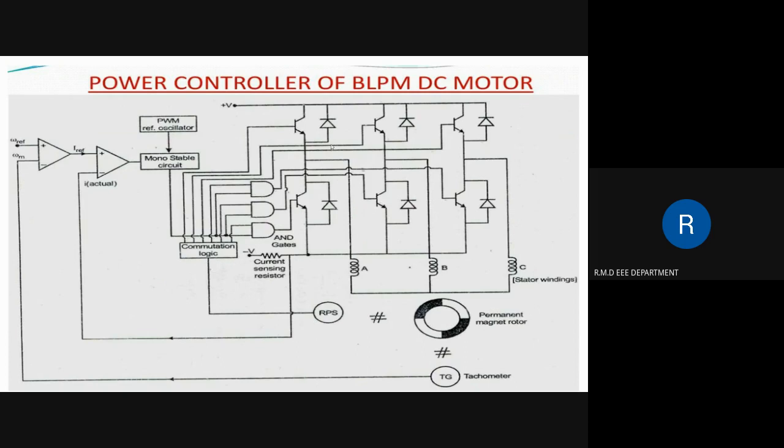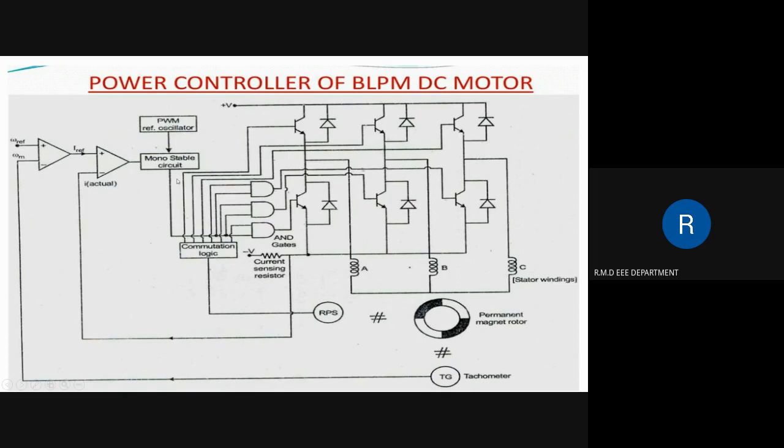The use of AND gates is a simple way of combining both the commutation logic signal and the chopping signal. The monostable multivibrator circuit is excited by this high frequency signal and is controlled by the error signal obtained from the comparator.